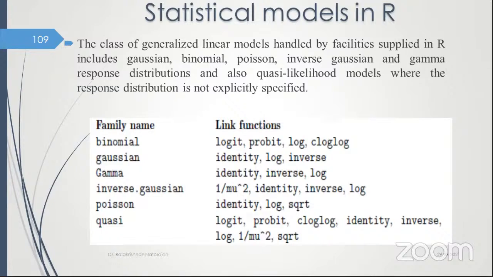So here, the statistical models supported by R include Gaussian, binomial, Poisson, inverse Gaussian, etc. It goes on. And these family names will include several different links like this. Link functions like logit or probit function or log, clog, etc. And each and every distribution will have its own mentions.